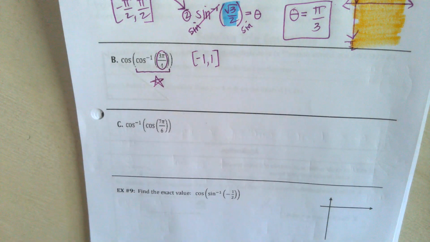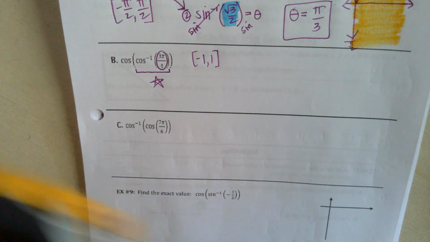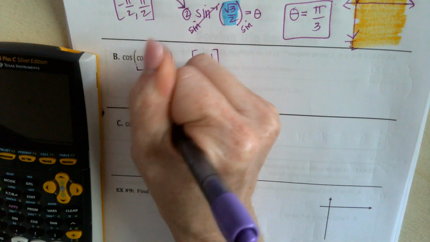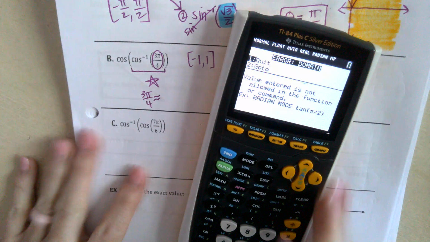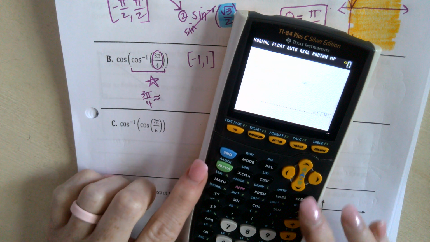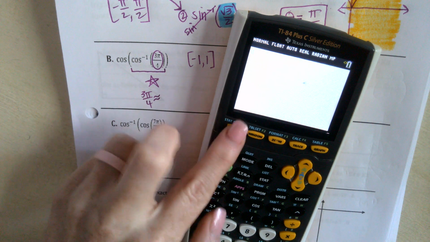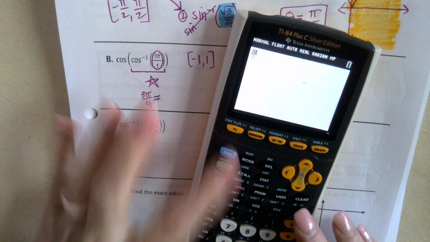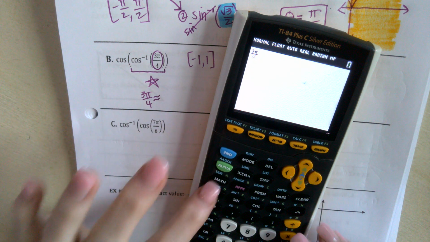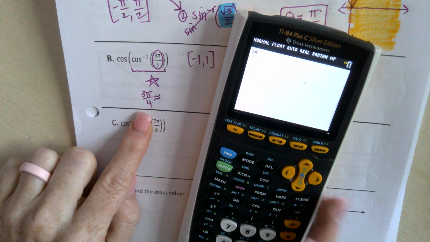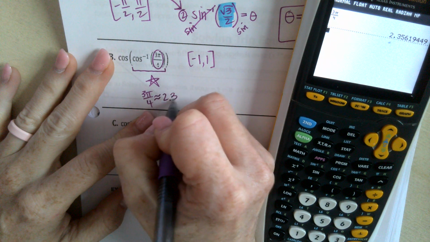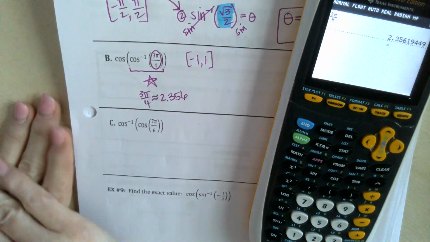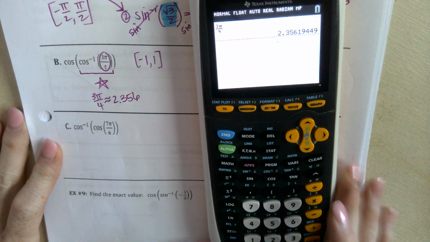But I'm going to check this, because 3 pi over 4, I want to know the value of that real quick. So I'm going to do alpha y equals 3 pi over 4, and that gives me a value of 2.356. Okay, keep that in mind.